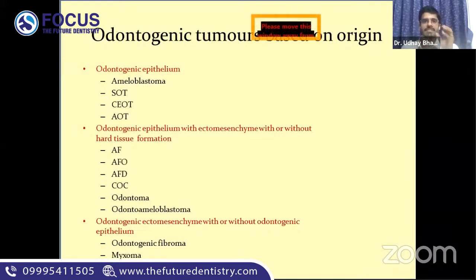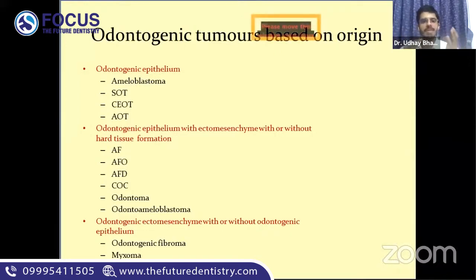For example, your inner enamel epithelial cells are programmed to give rise to enamel. However, if there is some genetic alteration, they will start multiplying in an uncontrolled manner, and some of this original function gets lost, but they will retain some of it. So there may be some evidence of hard tissue formation, so with or without hard tissue formation.